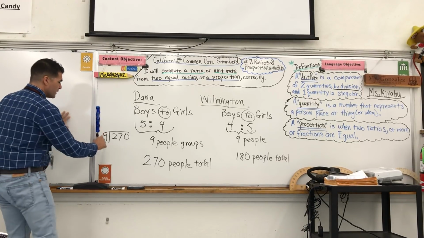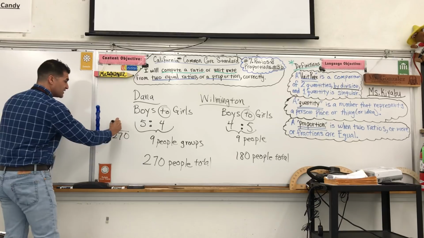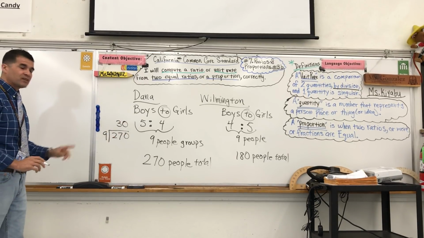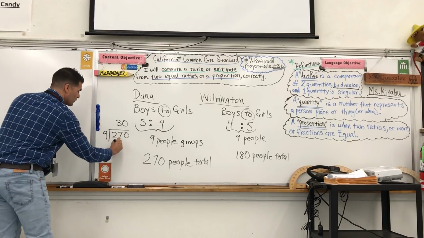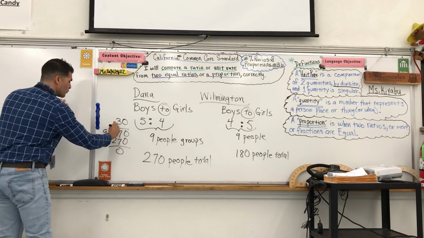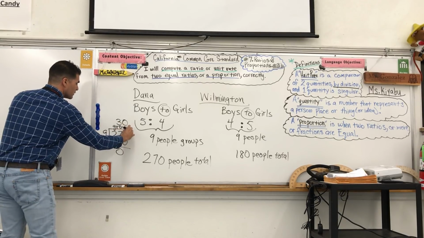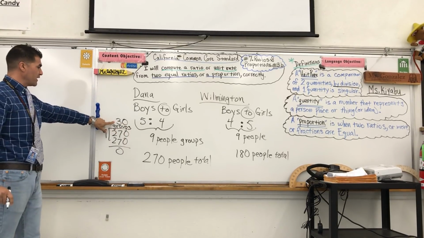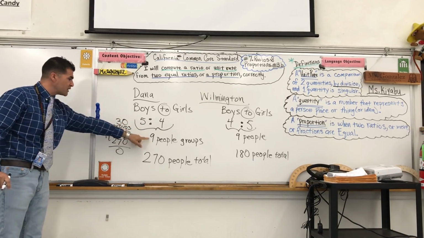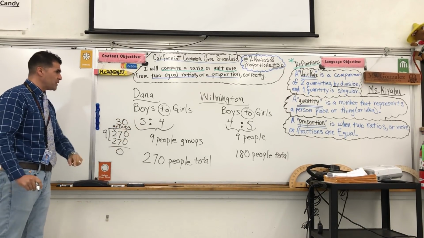Well, 9 goes into 27 at least 3 times, and that means that 9 goes into 270 30 times with no remainder. That means that there can be 30 groups going into Dana Middle School, and each one of those 30 groups has 9 people.